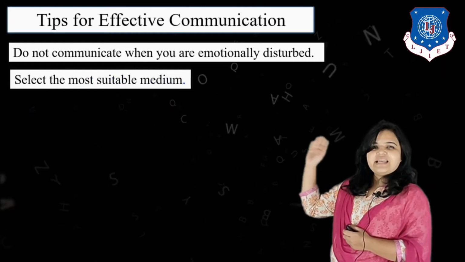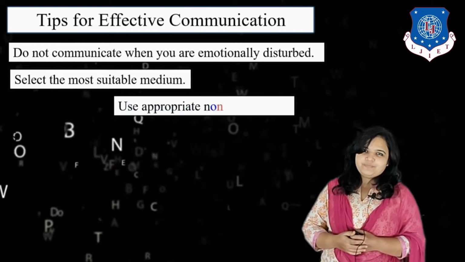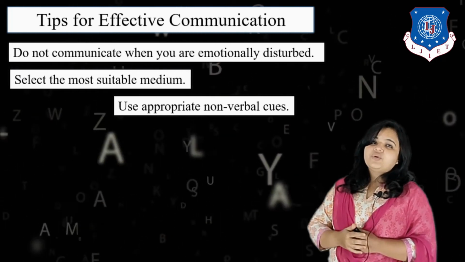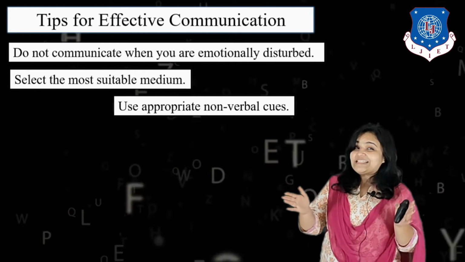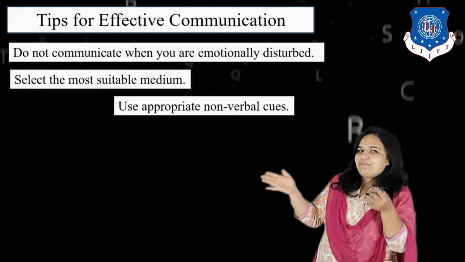Secondly, select the most suitable medium of communication. Thirdly, use appropriate non-verbal cues. Make sure your words and actions are in sync and they complement each other instead of opposing each other.